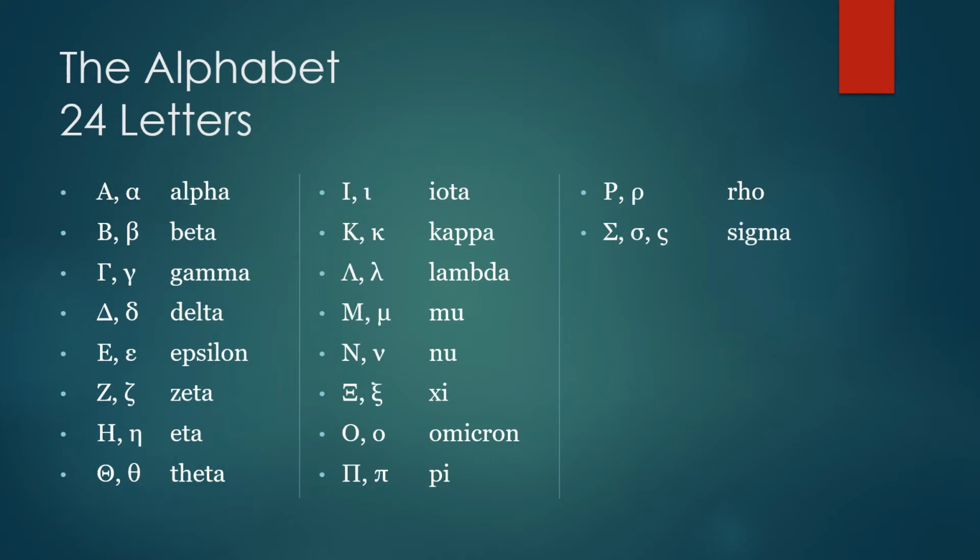rho, sigma, and here, notice how there are three forms. The first one is a capital letter used anywhere. The second one is an initial or medial form. You would write this lowercase sigma at the beginning of forms or in the middle of forms.